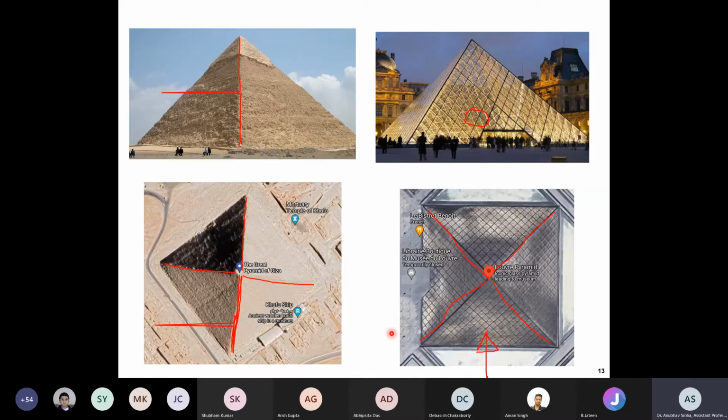So if I go back, this base is parallel to the horizontal plane. And this one is making, let us say, 90 degrees with the XY axis, right? So this is making approximately 90 degrees, and this base is parallel to the XY. Is this clear now?